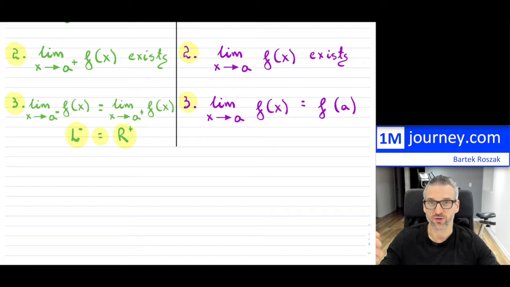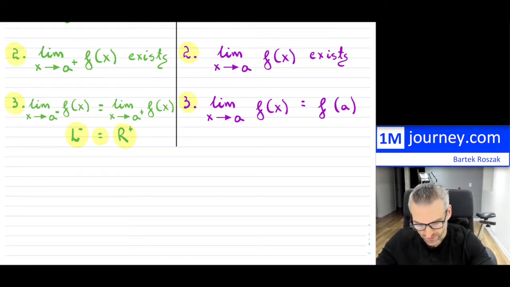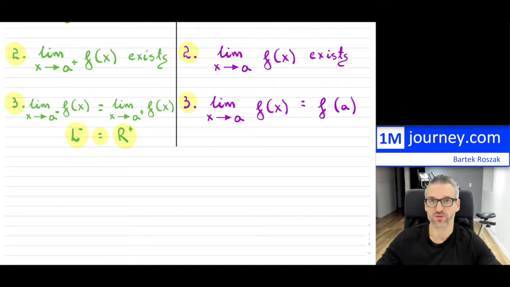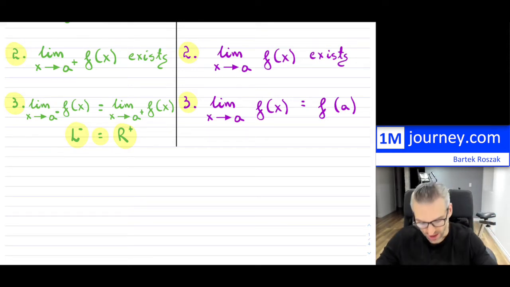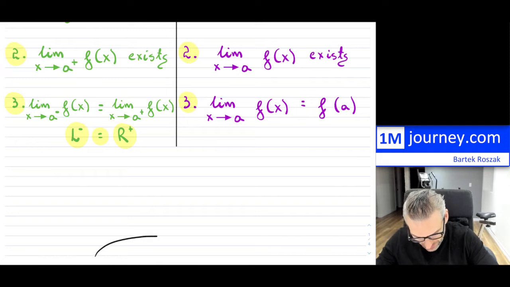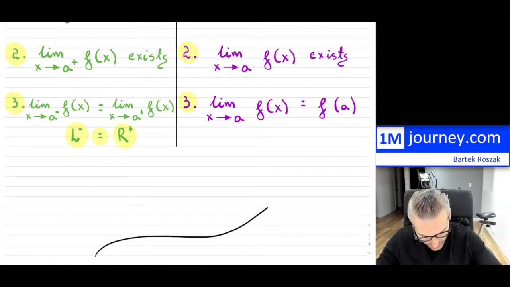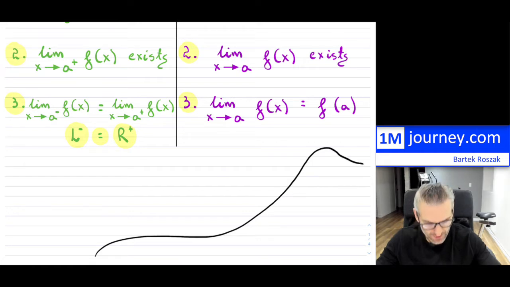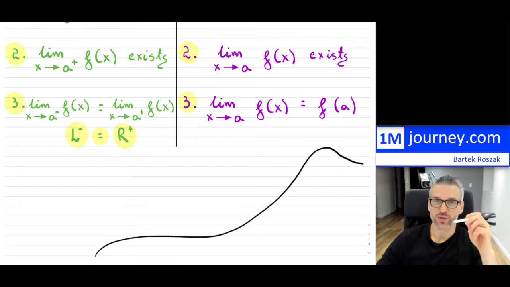If you're drawing out your function, you can think about it this way: if you can trace the function with a pencil and never leave the paper, never lift your pencil, then we can draw a nice continuous function.